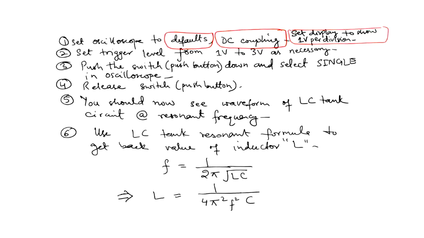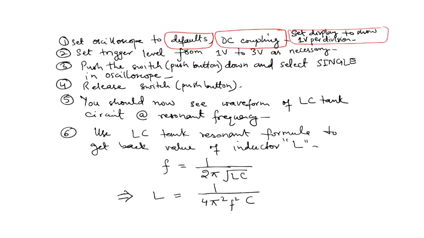Then there is an important thing, which is the trigger level. You have to set the trigger level from 1 volt to 3 volts as necessary. This is specifically important when you have a bigger inductor, maybe 1 or 2 millihenries, or at least 100 microhenries, or 500 or 600.